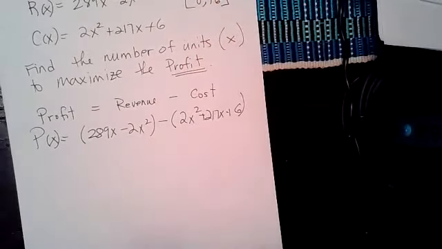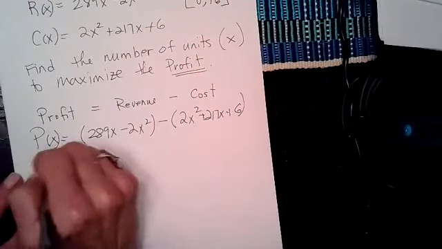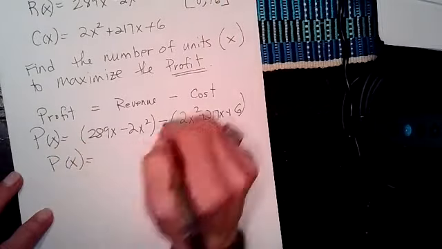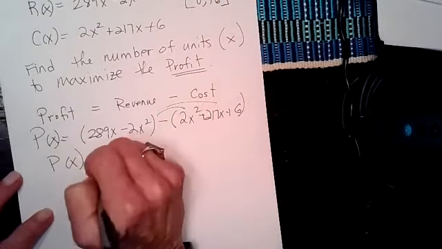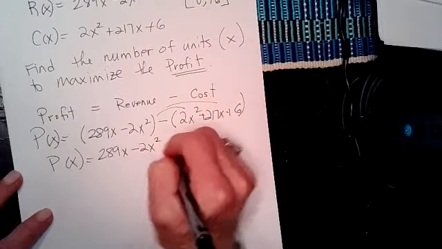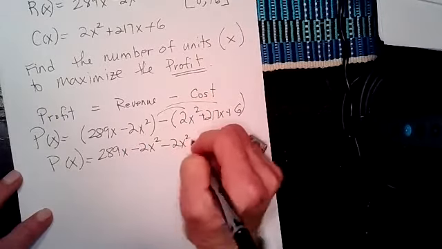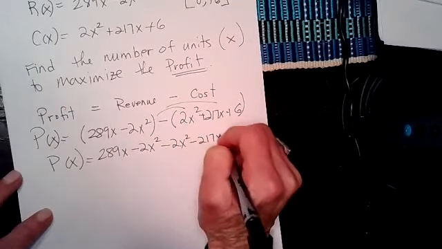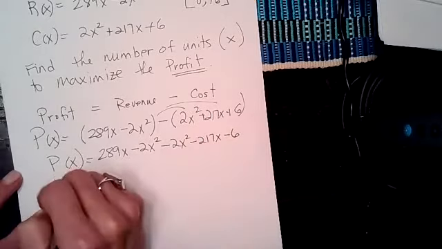Okay, so same thing, but first I have to find my profit function. So I have to distribute my negative and combine like terms.